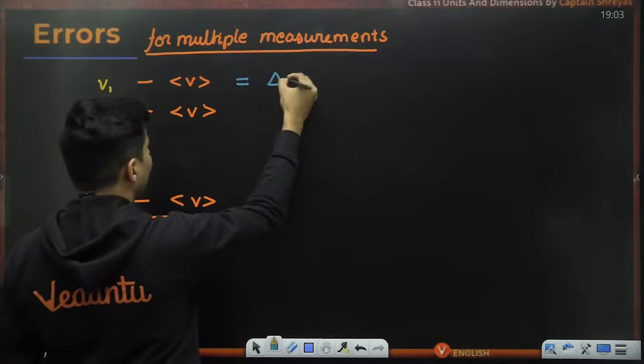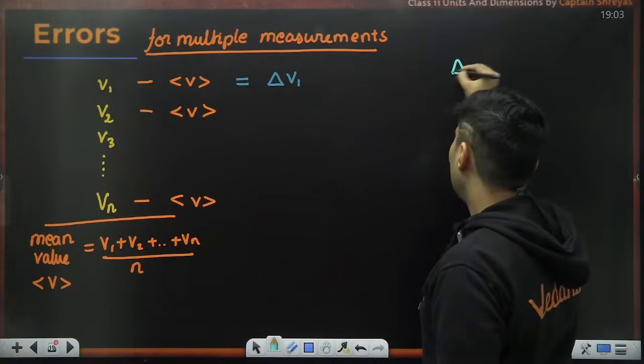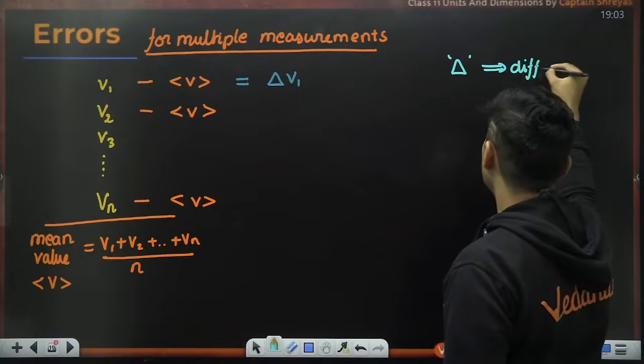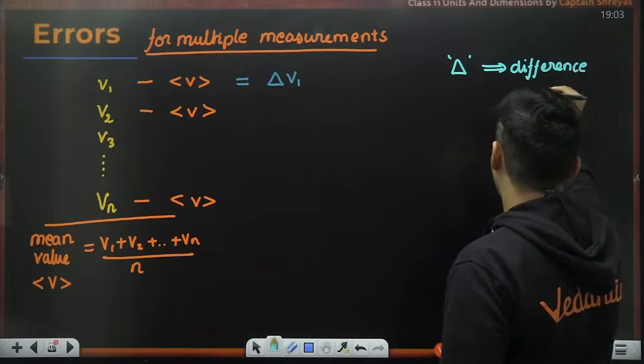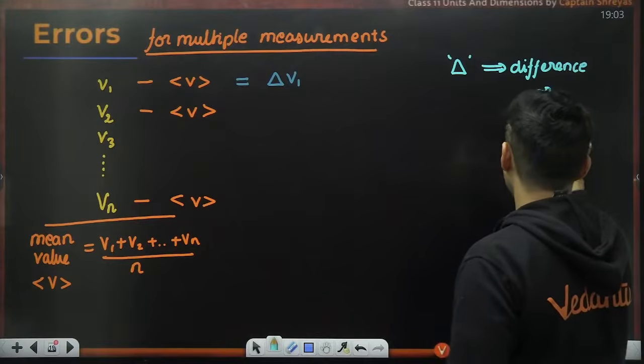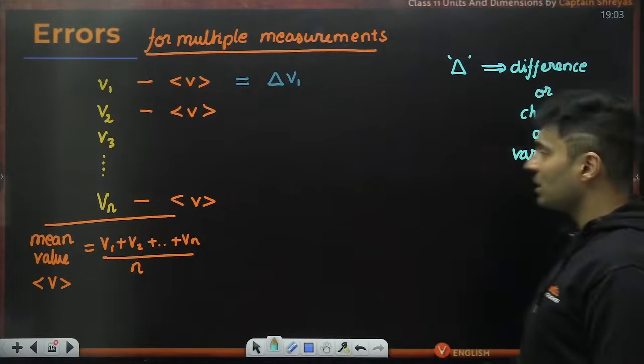So delta V1, delta means the difference, or basically the change, or basically the variation, you can say variation, change, variation, difference, etc.